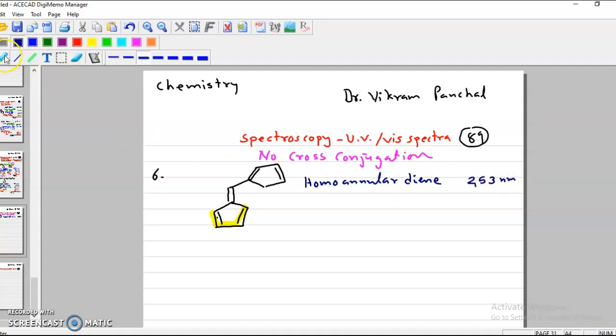Next is extension of the double bond and system. So we can extend this way. Even this will go up to this one and here also. So now we have to find out the extra conjugated double bonds.